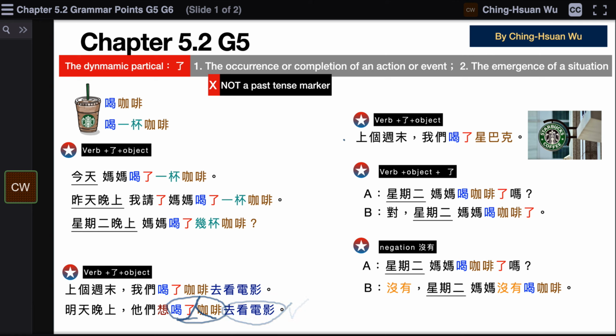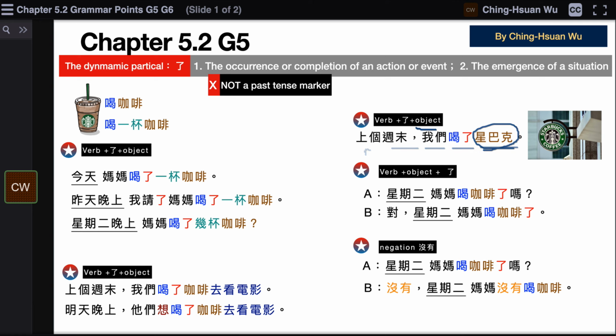Next, 上个周末我们喝了星巴克. Last weekend, we drank Starbucks. Starbucks, 星巴克, is a proper noun.